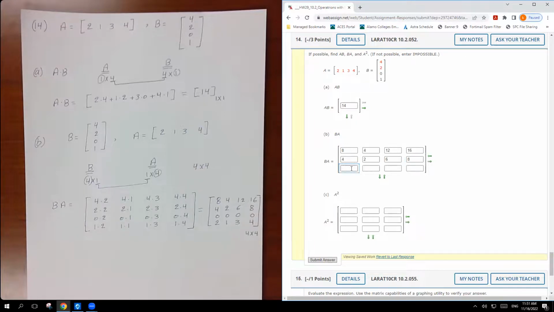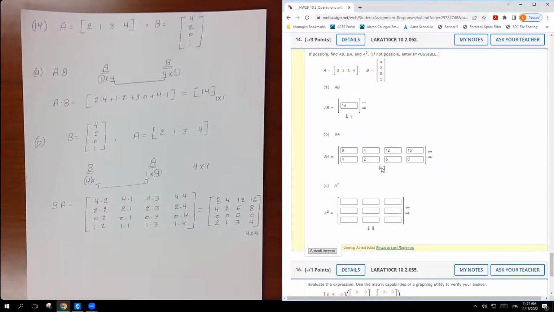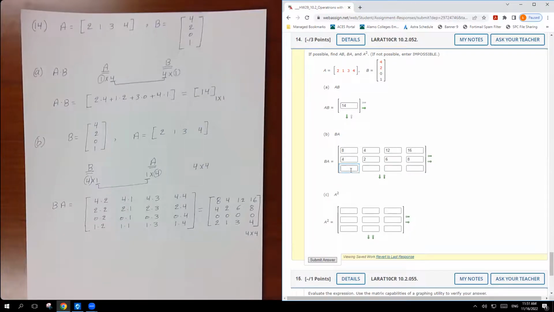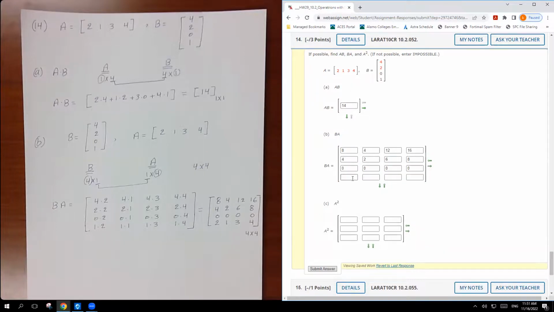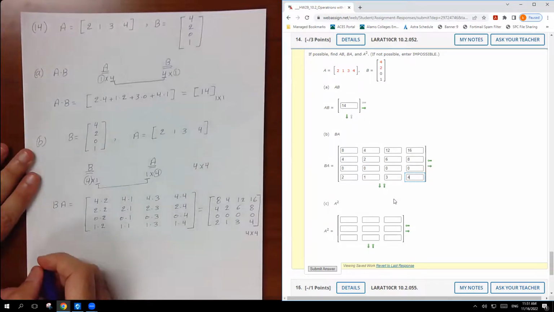And here is going to be 0, 0, 0, and 0. One more row. And here is going to be 2, 1, 3, 4. Let's check if we need to find A squared.